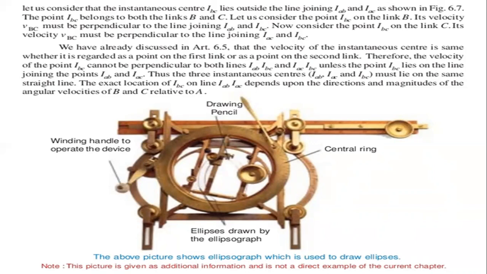Therefore, these three instantaneous centers, IAB, IAC and IBC, must lie on the same straight line. The exact location of IBC on the line joining IAB and IAC depends upon the directions and magnitudes of the angular velocities of B and C relative to A. So there we can find the three points on the same line.